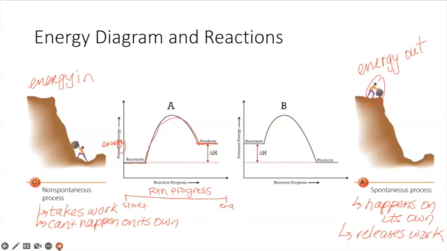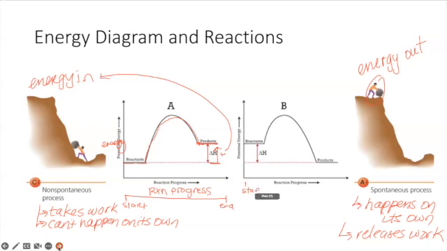So we went from here to here, positive on the y-axis. This corresponds with energy in. So at the end of the reaction, we were left with something of a higher energy than when we started with. Whereas on B here, it's the same scale.